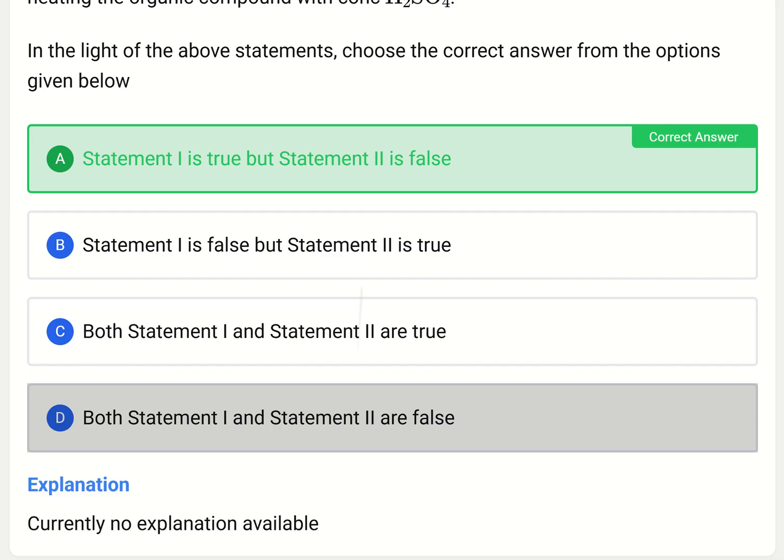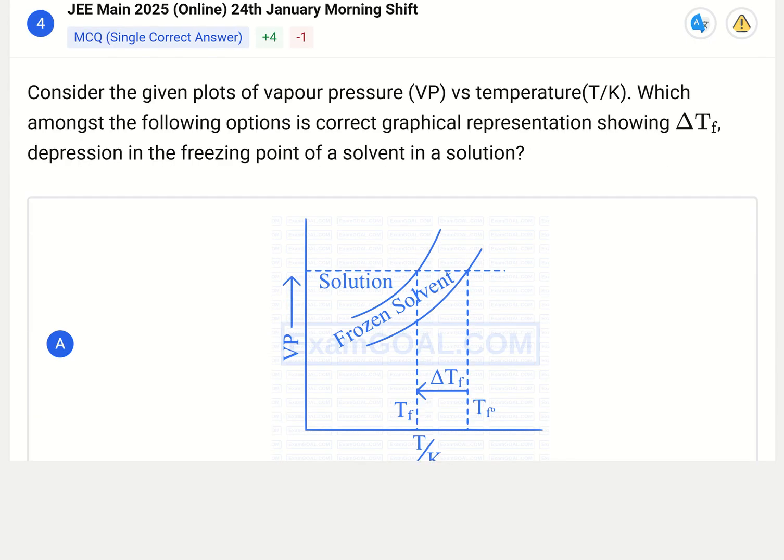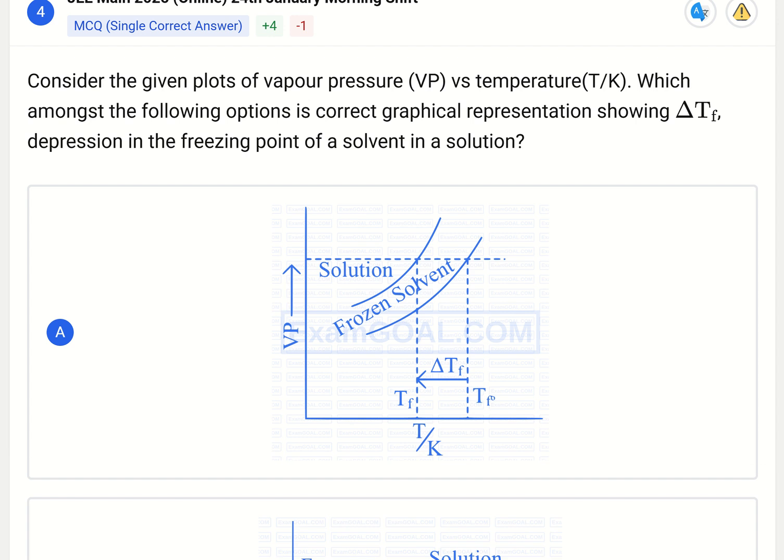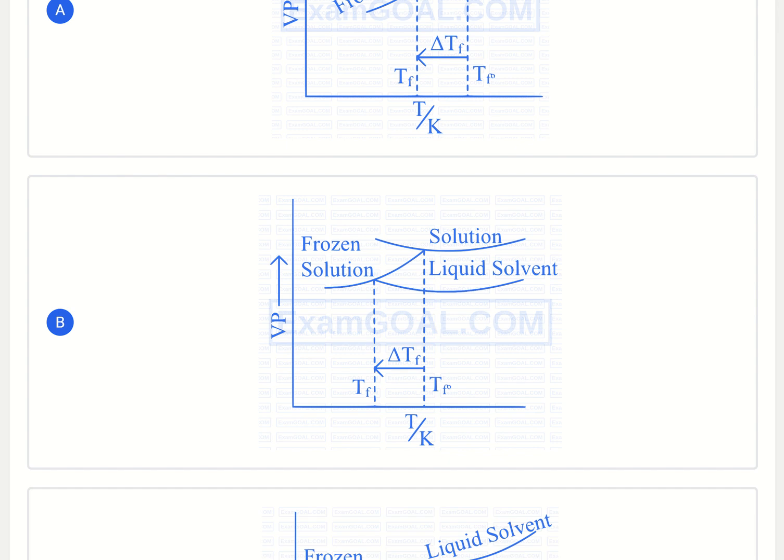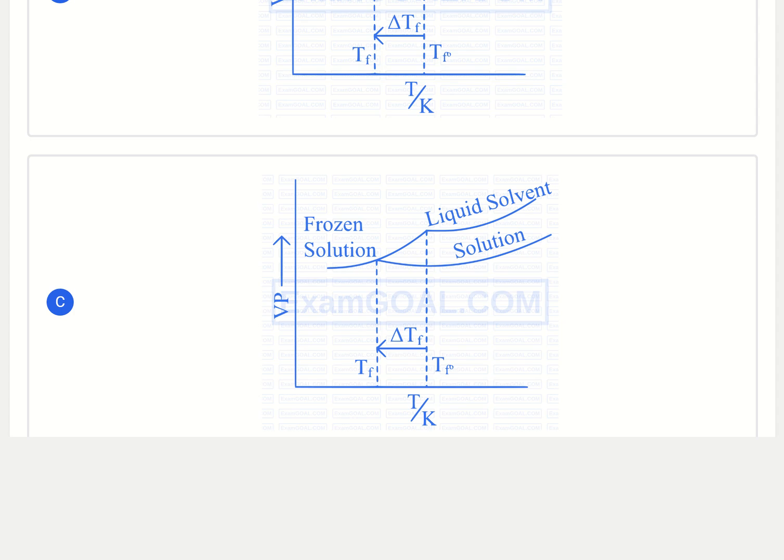So moving to the next question. Consider the given plots of vapor pressure versus temperature. Which amongst the following options is the correct graphical representation showing delta T of depression? Okay, this is the NCERT textbook graph, depression in freezing point. Option 1 is not my option. Option 2, frozen solution, no, not my option.